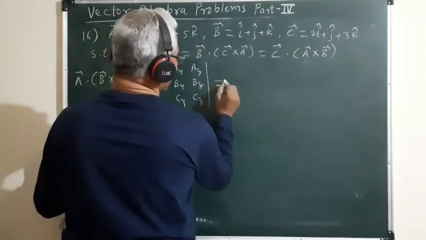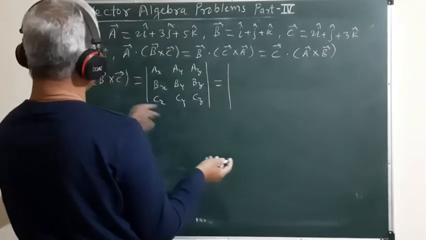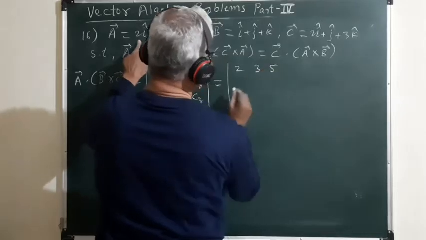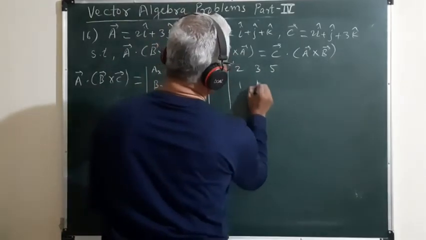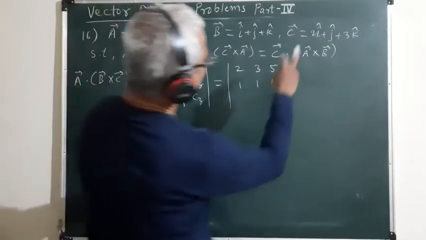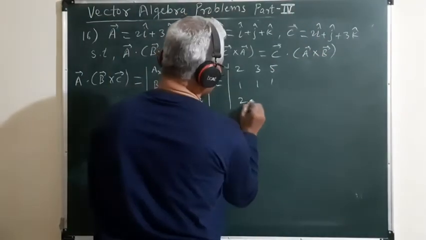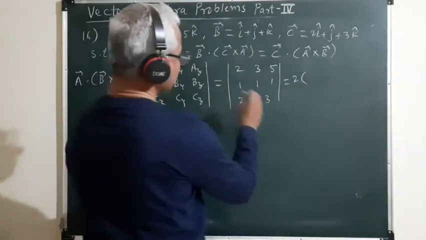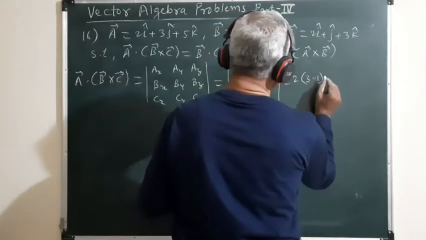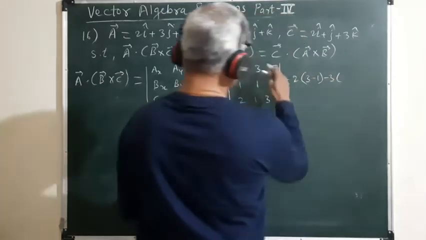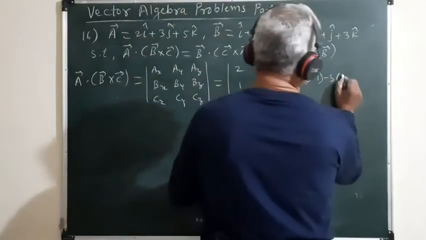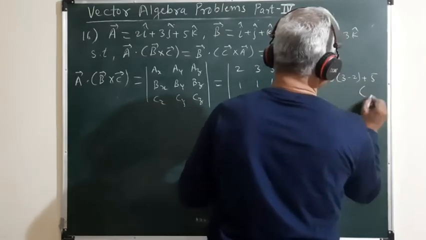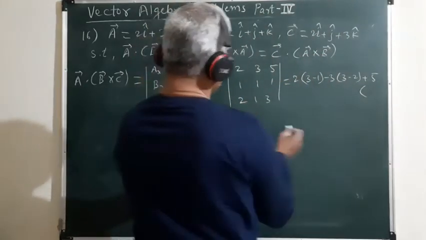So this works out to be equal to the determinant of ax, ay, az are 2, 3, 5, bx, by, bz are 1, 1, 1, and cx, cy, cz are 2, 1, 3. So this is equal to 2 into bracket 3 minus 1, minus 3 into bracket 3 minus 2, plus 5 into bracket 1 minus 2.